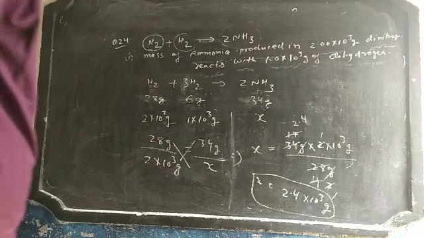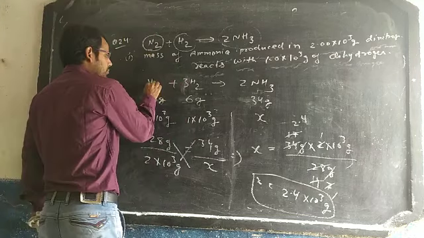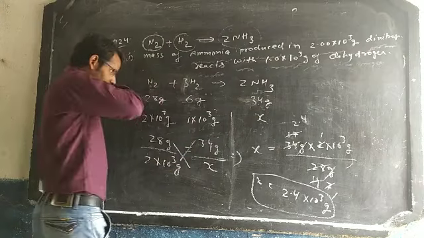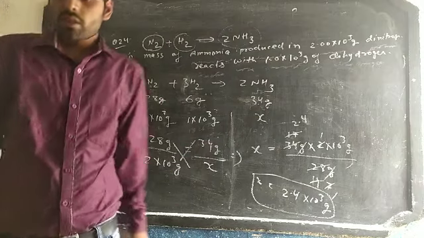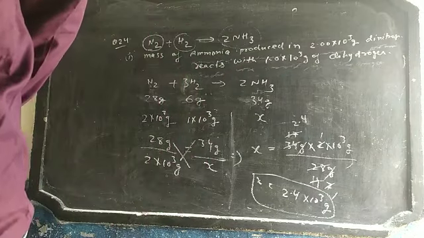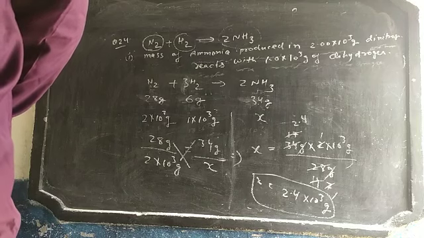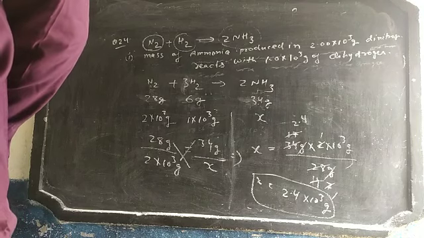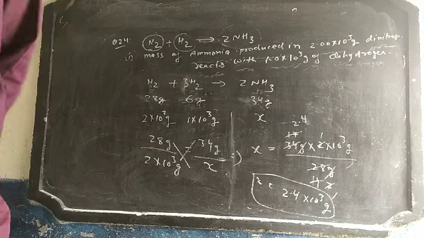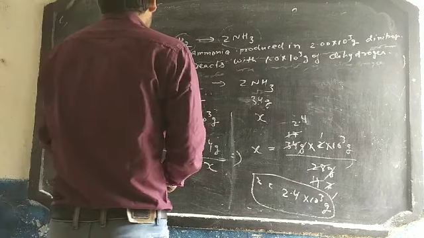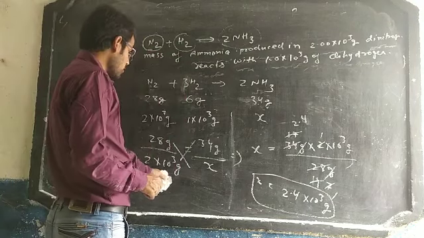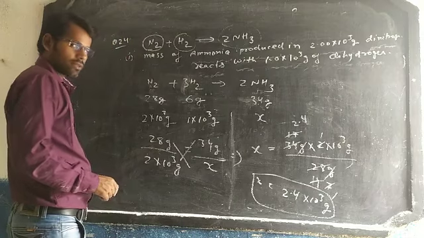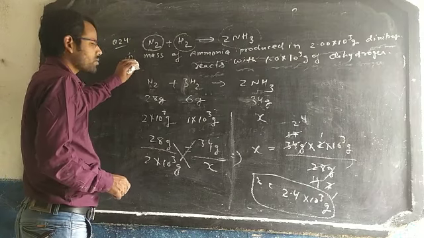Here nitrogen is limiting, nitrogen is completely used in the reaction and hydrogen is in excess. Hence the hydrogen will remain unreacted. So hydrogen will remain unreacted. You can solve in this way also, using the value of X. This is question 1.